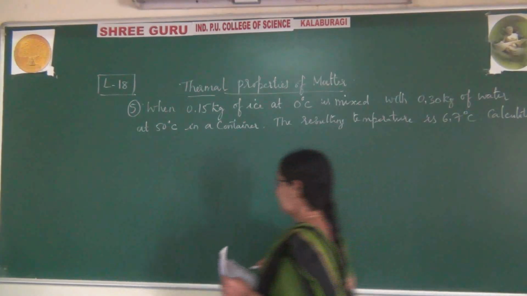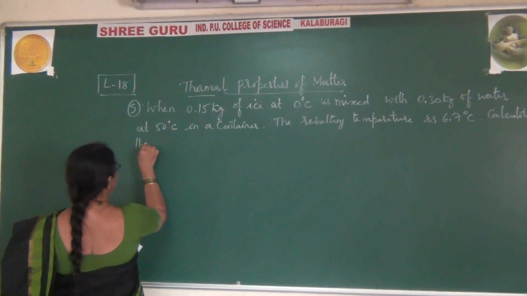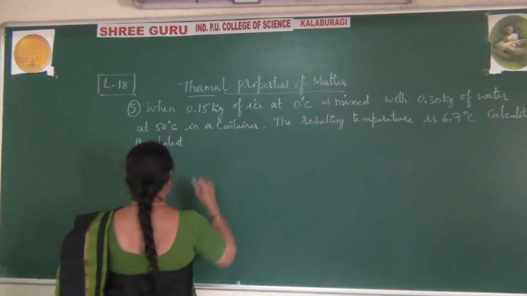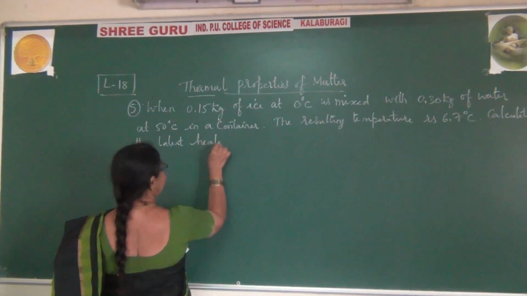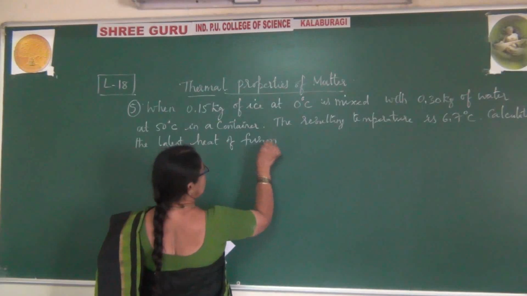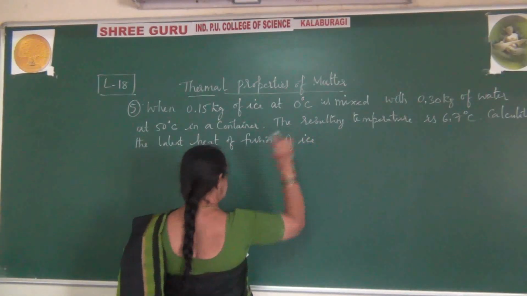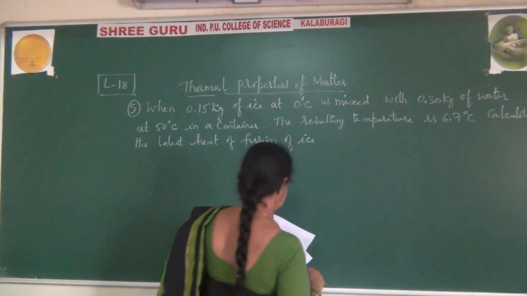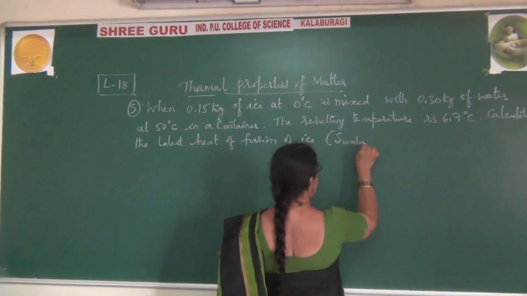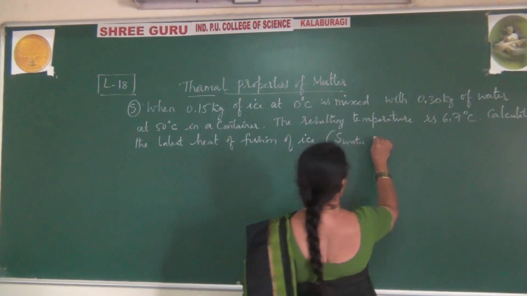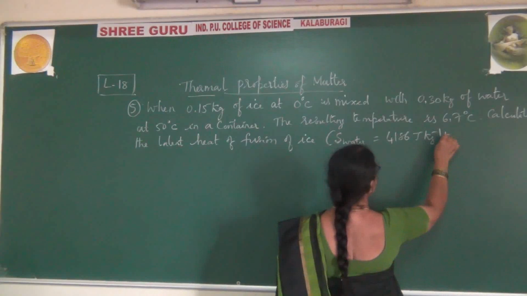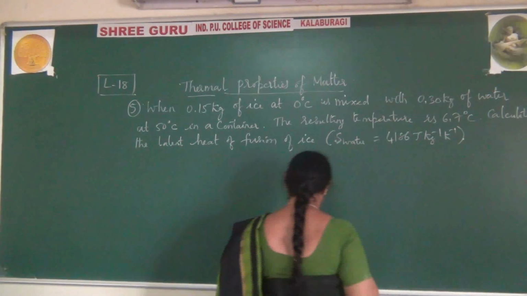Calculate the latent heat of fusion of ice. Specific heat capacity of water is 4186 joules per kg per Kelvin.